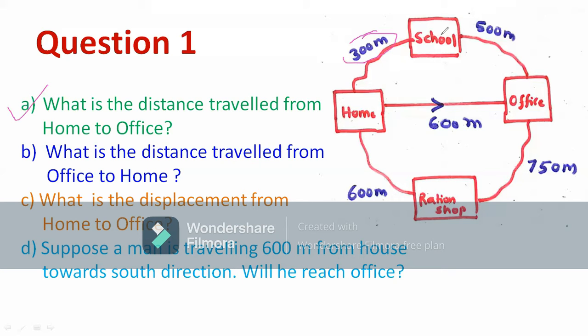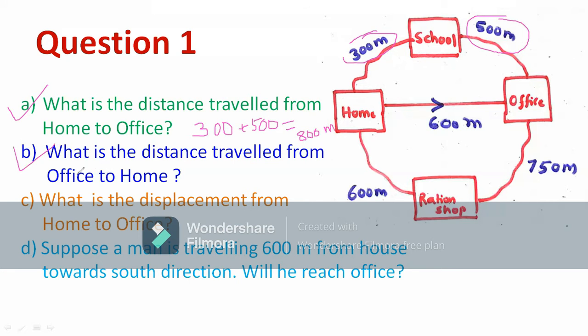After reaching the school, another 500 meters is traveled by that person. Finally he reaches the office. So the total path traveled by that person from home to office is 300 plus 500. What is the answer? It is obviously 800 meters. 800 is the right answer.